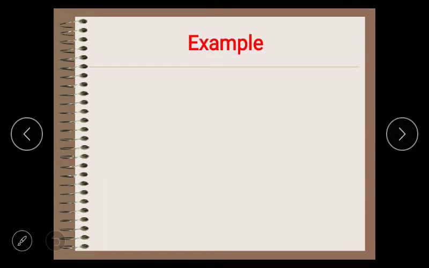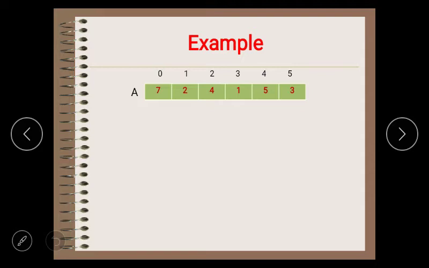Next, we will see an example. Take an array with 6 elements, indexed from 0 to 5. We start the insertion sort algorithm by dividing the array into two parts: a sorted array and an unsorted array.